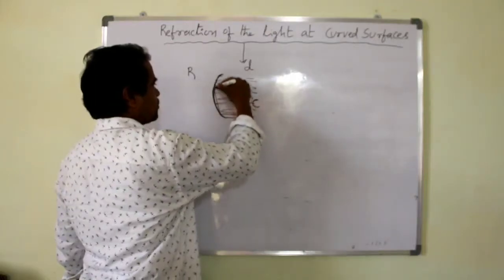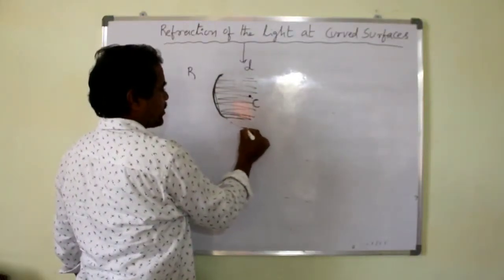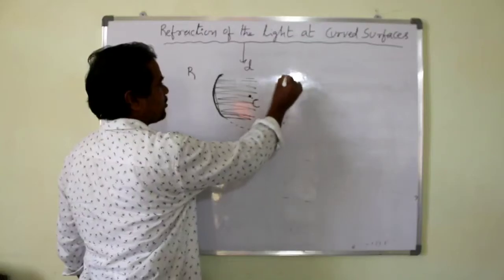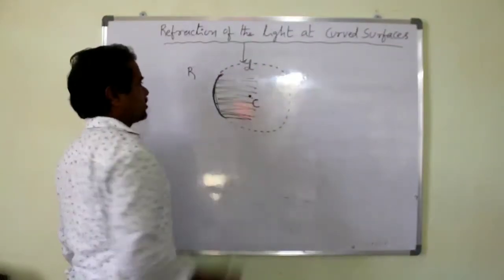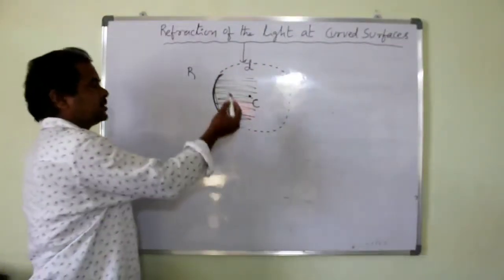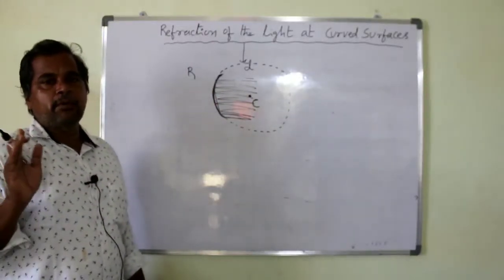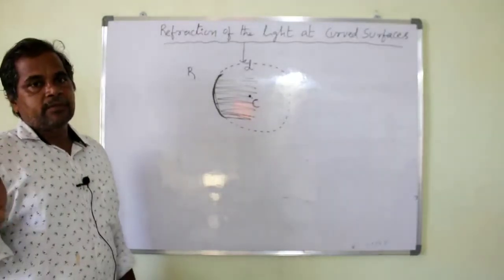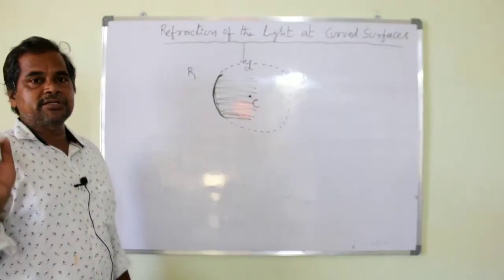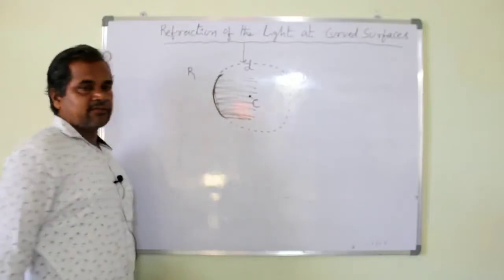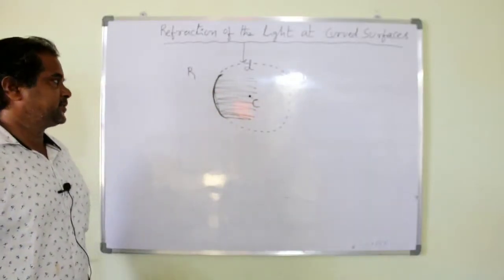For example, if you imagine the full sphere of this curved surface, any curved surface must be part of some sphere. The center of that sphere is also the center of curvature of the curved surface we have taken in this context.